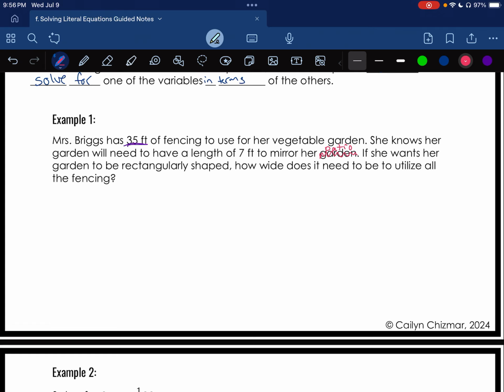My biggest tip for these kinds of problems is always draw a picture. So she's got a patio here, like on the back of her house. This is her patio.